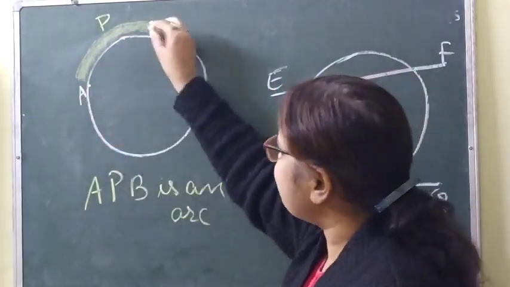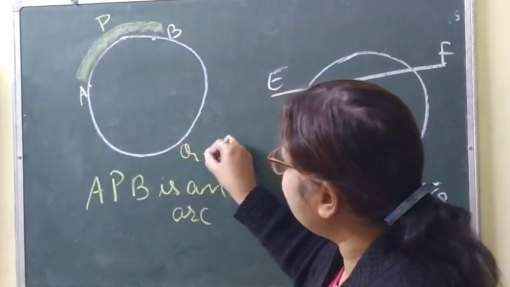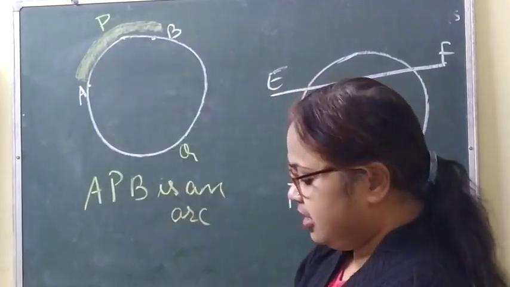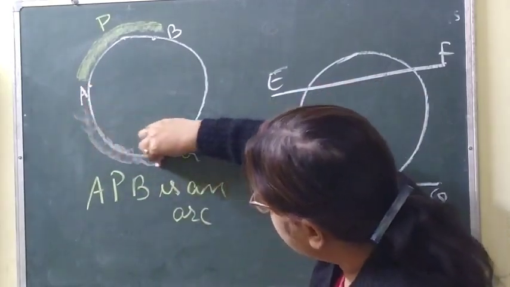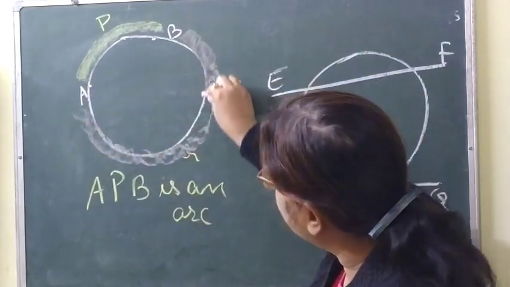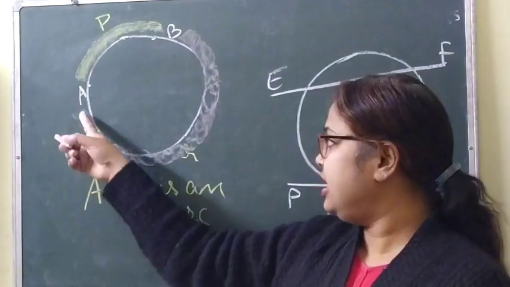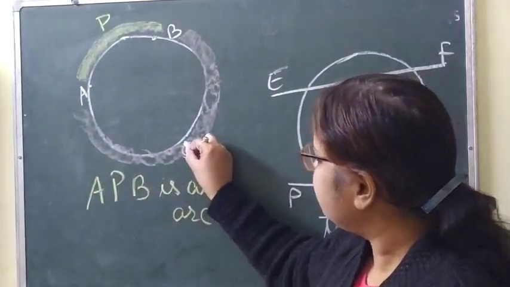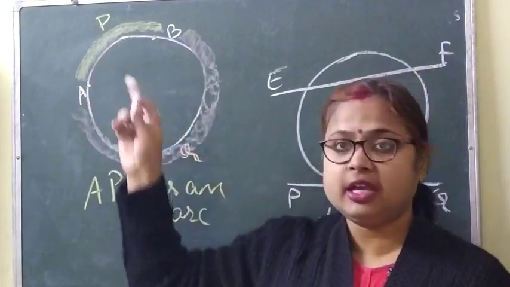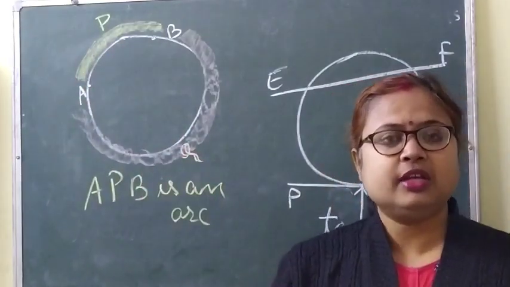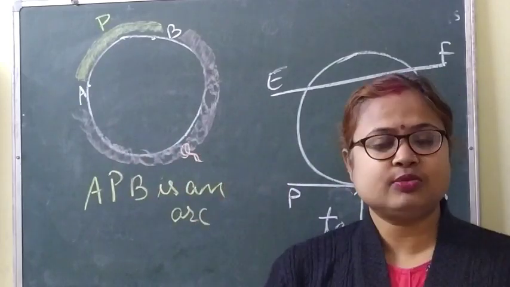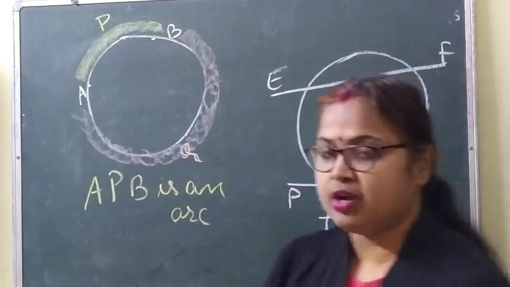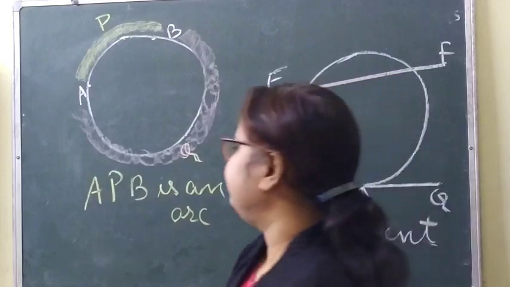So this part is smaller, and if here I write Q, then one part is A, P, B, and another one is A, Q, B. So which one is bigger? A, Q, B. Clear? This AQB is bigger than APB. So APB is called the minor arc, and AQB is called the major arc. Okay.